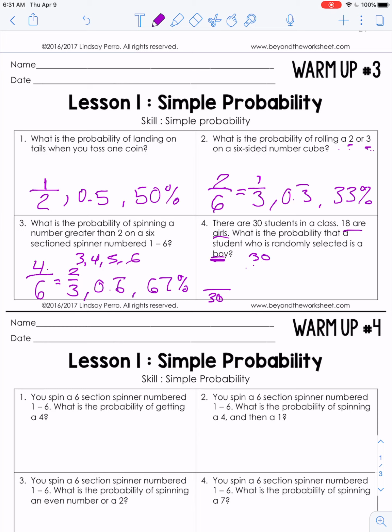We have to take 30 minus 18 to get 12. So there's 12 boys. So we divide, 3 goes into both of them. So we get 4/10, which equals 2/5. 2/5 equals 0.4, which equals 40%.